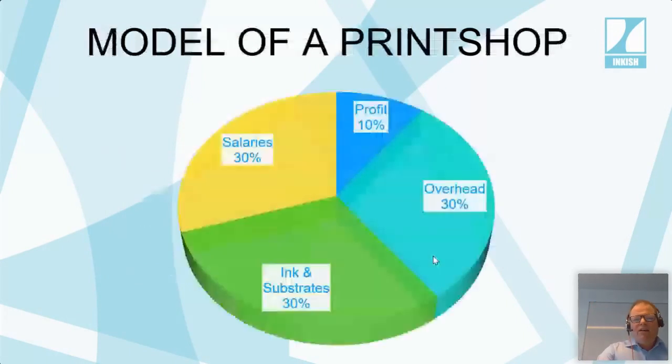So if we just take a brief model of a print shop, this is very rough numbers, but we have 3 times 30% costs and a profit of 10%.